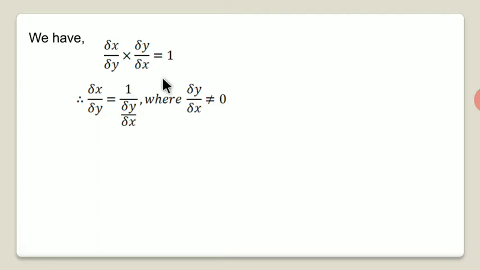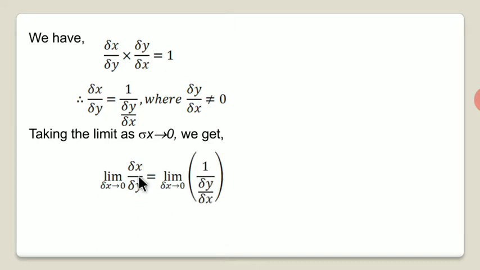If we transfer this term to the RHS, it goes in the denominator, where this delta y by delta x is non-zero. Now taking limit as delta x tends to 0 on both sides, we get limit delta x tends to 0, delta x by delta y is equal to limit delta x tends to 0, 1 upon delta y upon delta x.